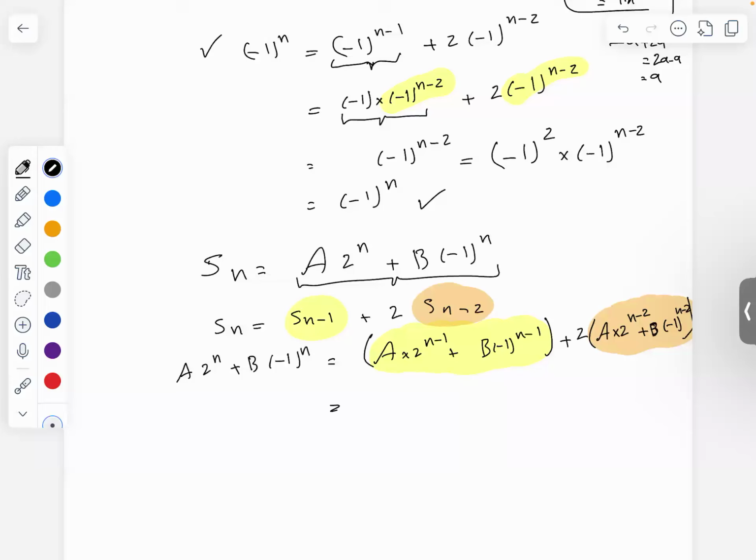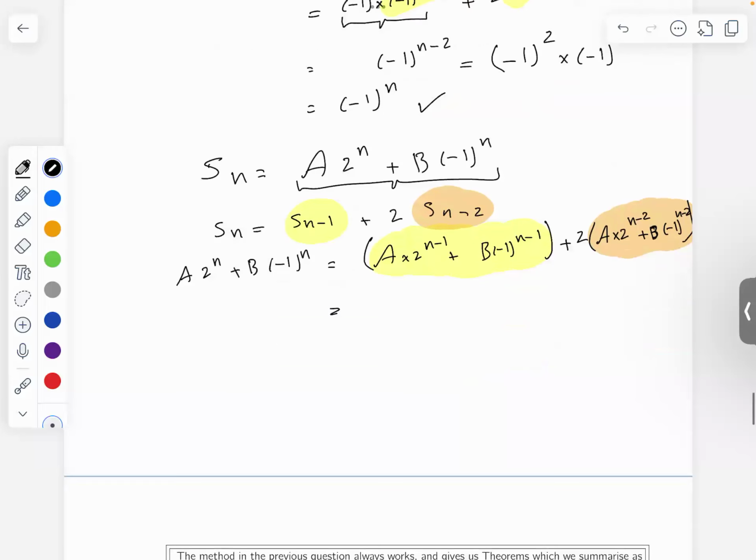Yeah. So I did like that. So if I gather A's in one place, 2 power n minus 1 plus 2 power n minus 2. There is a 2 here, so I will times 2 here.